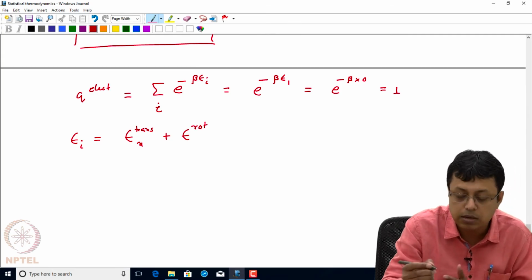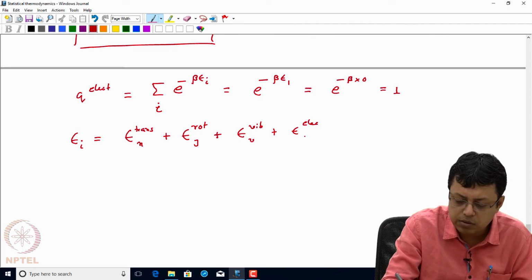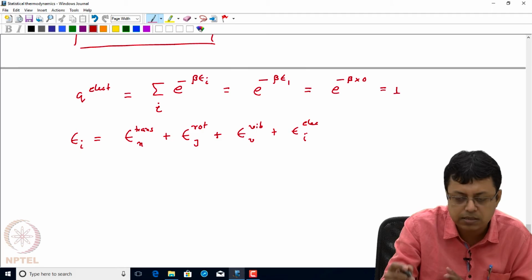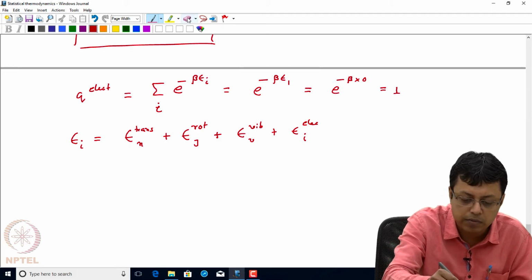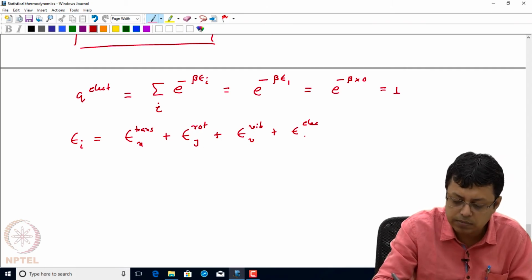So let us follow this notation, with quantum number j, and some vibrational energy, and some electronic energy, of course. And let us denote the electronic quantum number, let us not use I, we have already used I here, let's say we call it m.